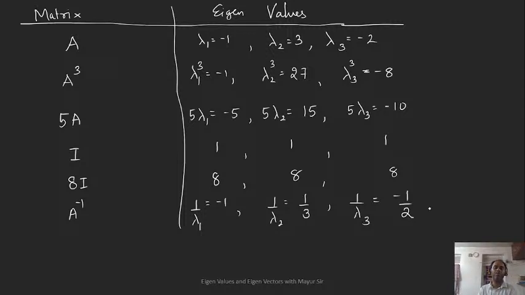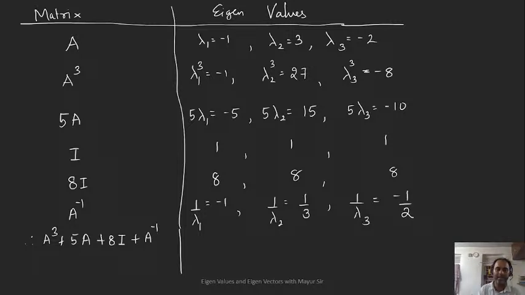So what do we get here is, therefore, the eigenvalues of A cube plus 5A plus 8I plus A inverse. Let us just add them up and we get our answer.